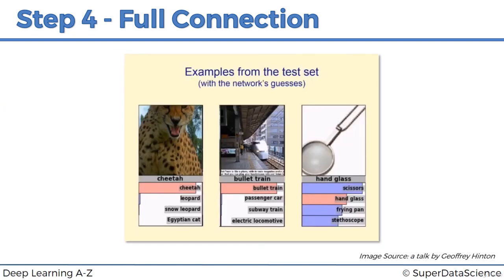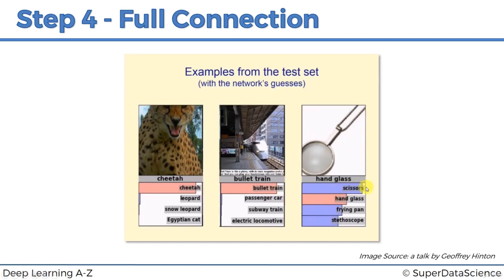And that's how you get images like this, where you have a cheetah, and then you have a cheetah class with a high probability. So this is the probability that the network has predicted, and these are lows. But these still exist because there's still a small chance the other neurons are also listening to their voters, and they're saying, oh, maybe it's actually a leopard. And the bullet train, very, very probable.